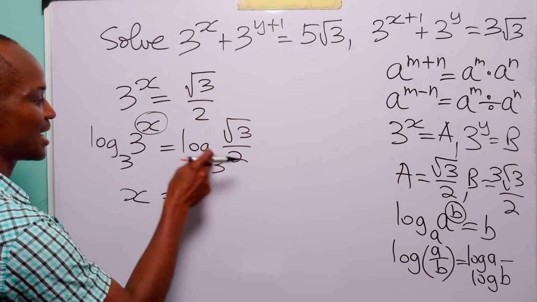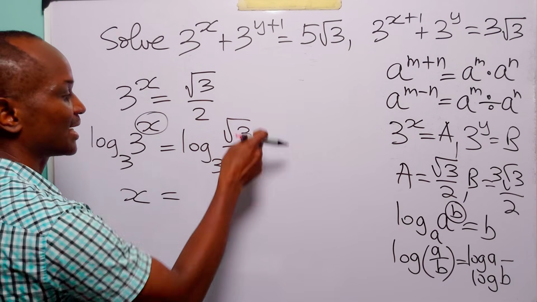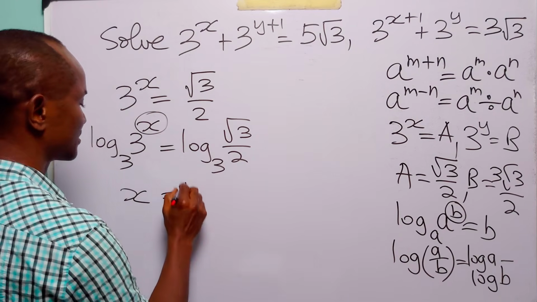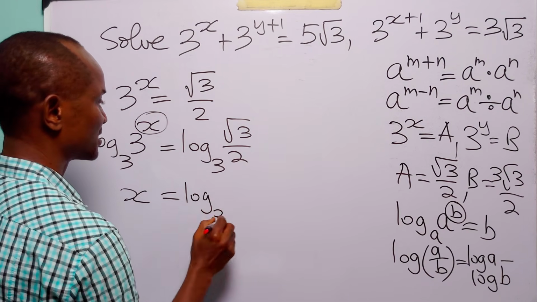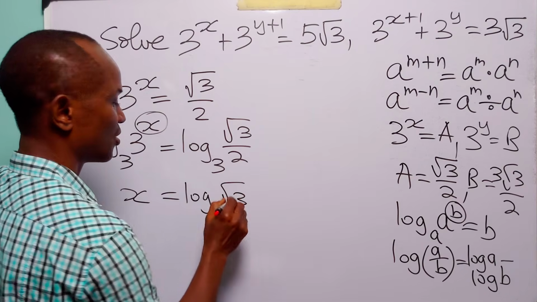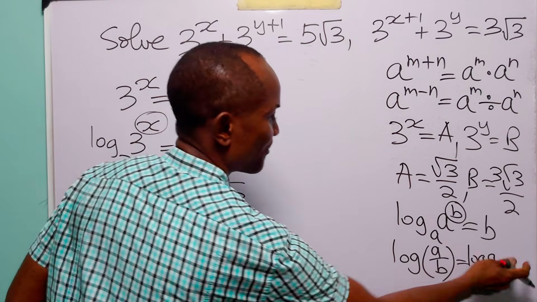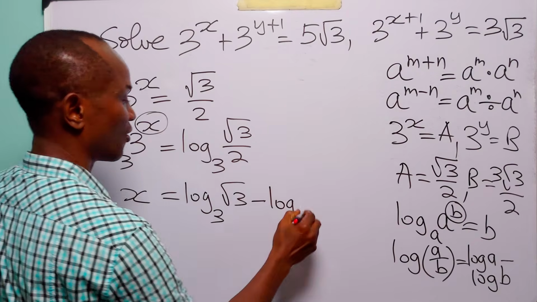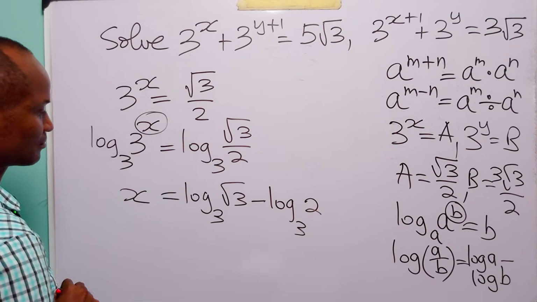And in this case, log to base 3 of root 3 divided by 2, according to this rule, is log to base 3 of root 3 minus log to base 3 of 2.